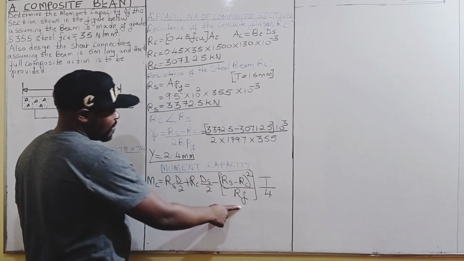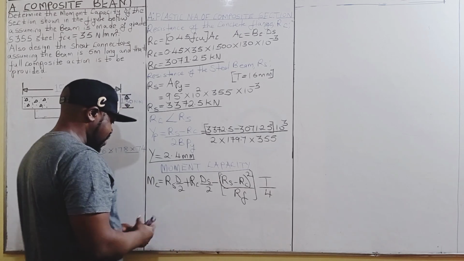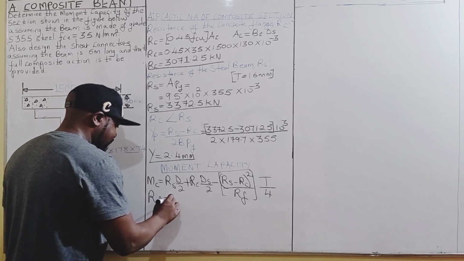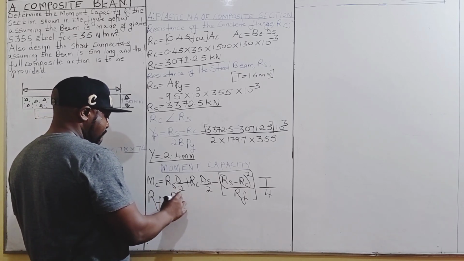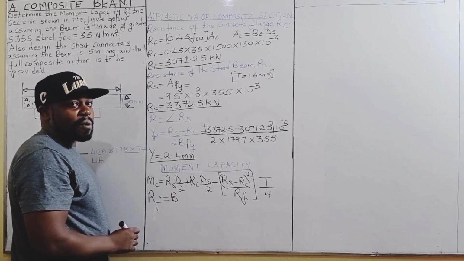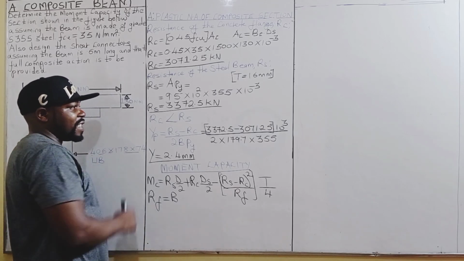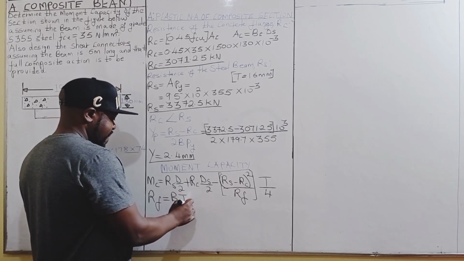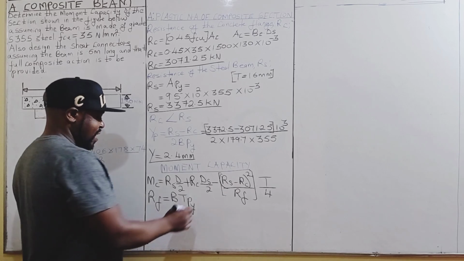We are going first of all to calculate RF, that is the resistance of the steel flange. The resistance of steel flange, that is RF, is given by B, which is the width of the UB section, multiplied by T times the design strength of steel.